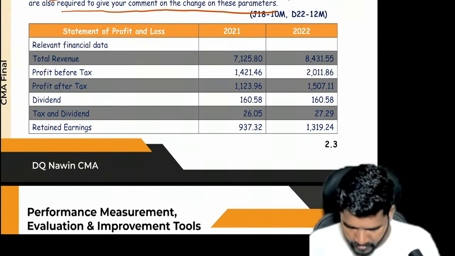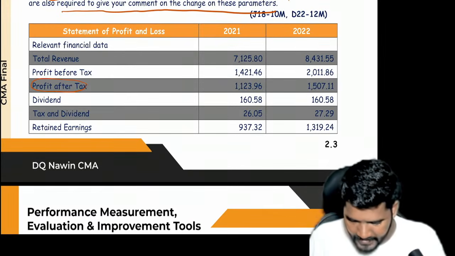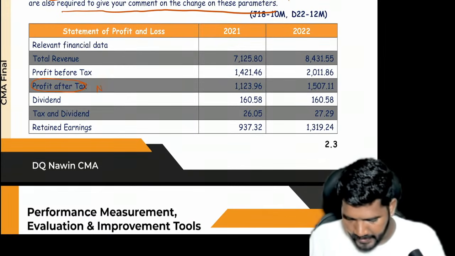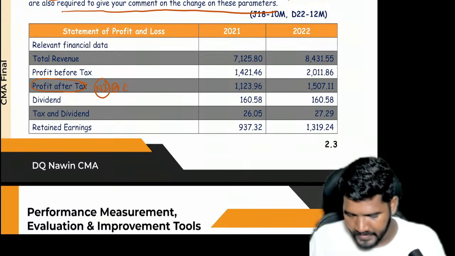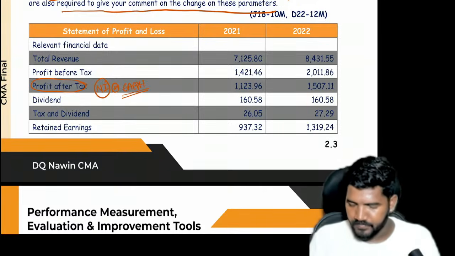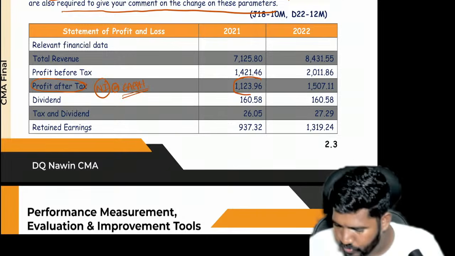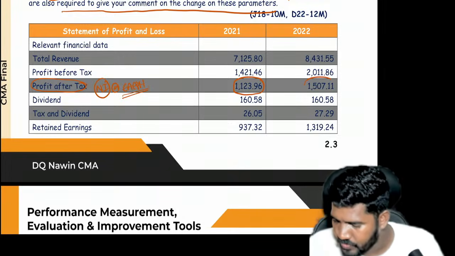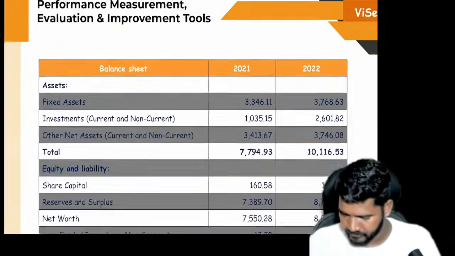Profit after tax is nothing but net income. There is no preference share capital, that's why it is known as EAESH. Anyway, it is net income. Directly take 1123.96 and 1507.11.